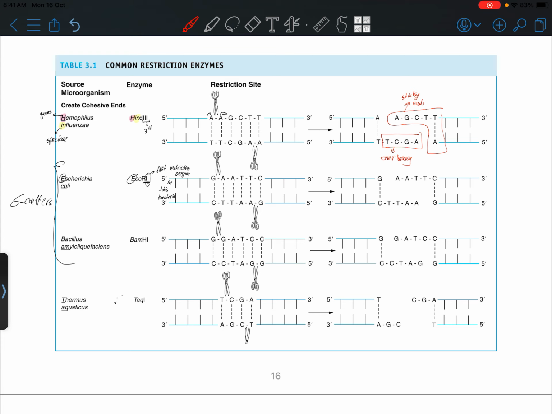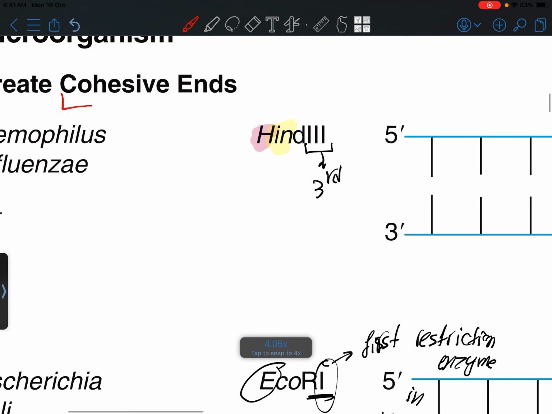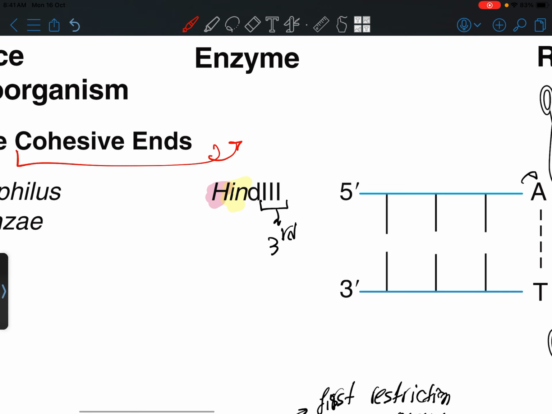The reason why these are called cohesive or sticky ends is that these ends could be brought back together if we use an enzyme called DNA ligase.